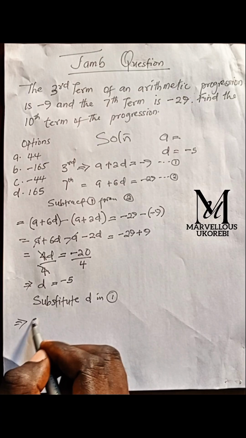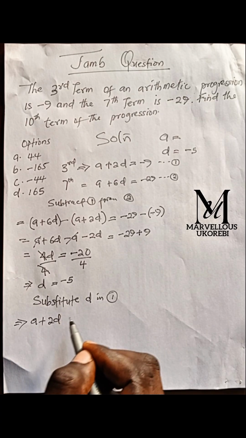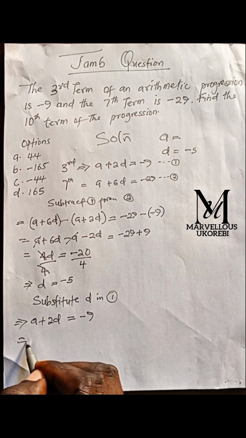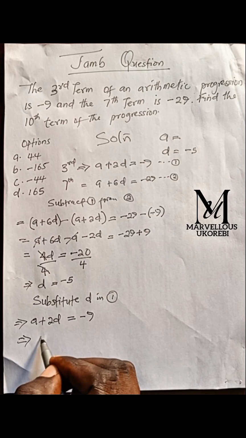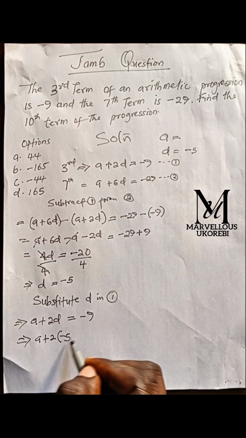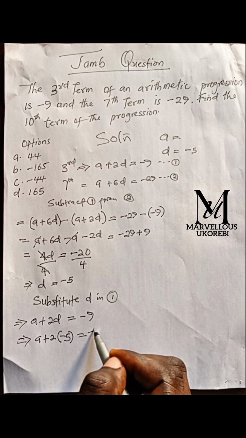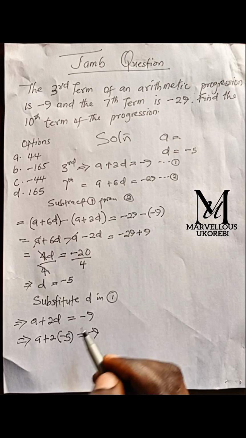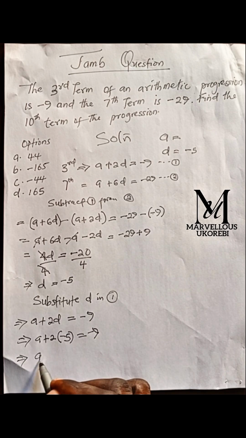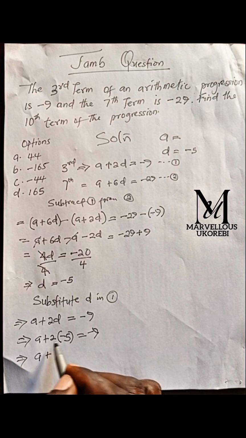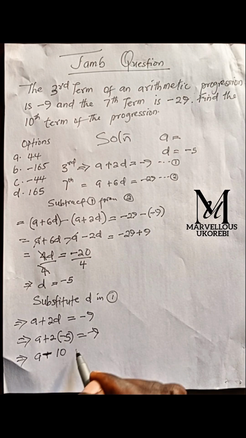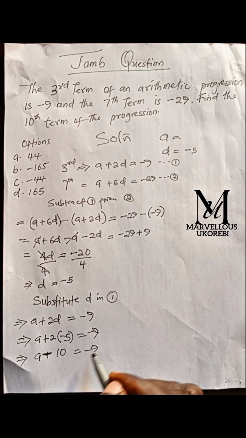Our equation 1 is a + 2d = -9. This is the same thing as a + 2 times -5 equals -9. Now we are going to have a + 2 times -5, which gives us -10, equals -9.